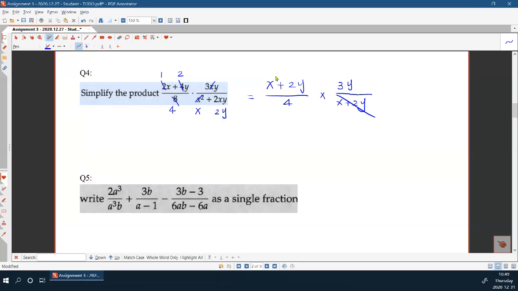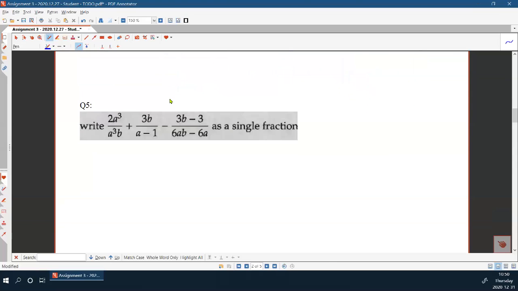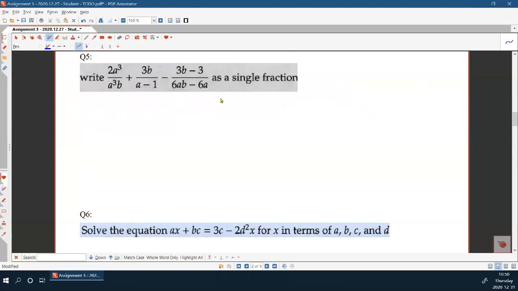And we can cancel x plus 2y here. So the final result is 3y over 4. Okay? Any questions? Okay, no? Okay, let's see question 5.